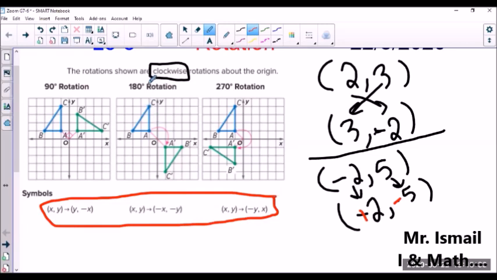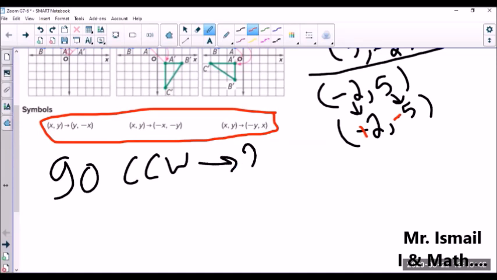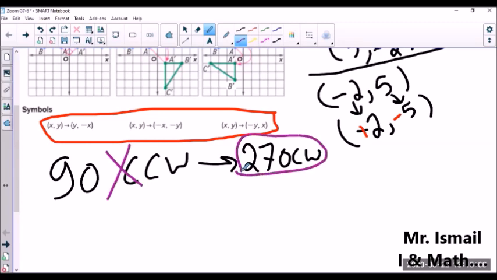Here, I have clockwise, but if you have counterclockwise or anti-clockwise, suppose I want to make 90 degrees counterclockwise. It means the same as 270 clockwise. So I will not solve 90 counterclockwise; I will replace it by 270 clockwise.